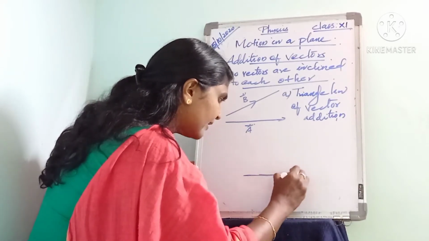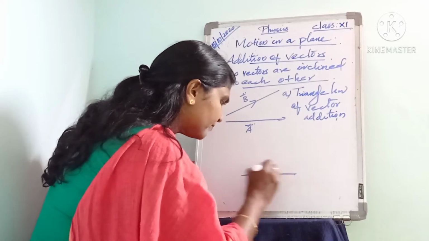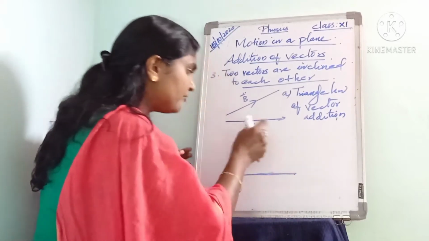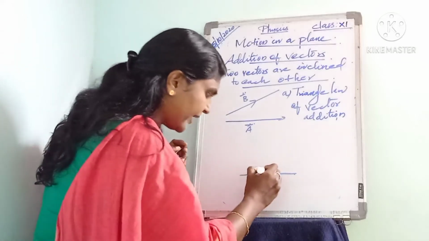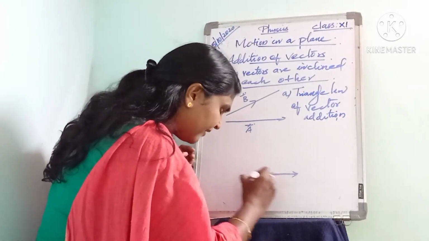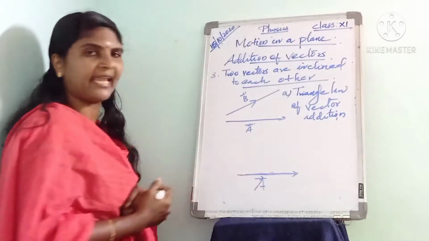When we draw, we have to draw the same magnitude and direction. So this is the vector A. First we draw the vector A.